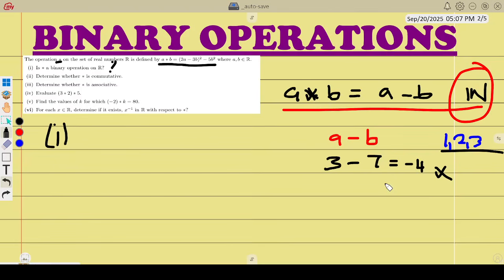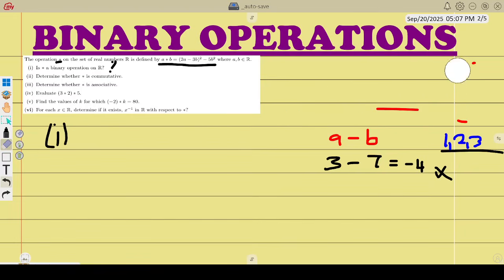So in this case, you are going to conclude that therefore the operation star is not binary on natural numbers, because when you use a certain combination, you are going to get an integer. So this negative is an integer. So this is how you answer such questions.